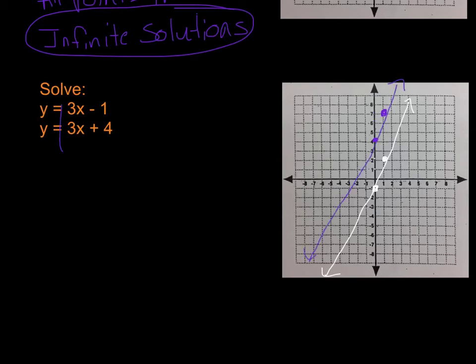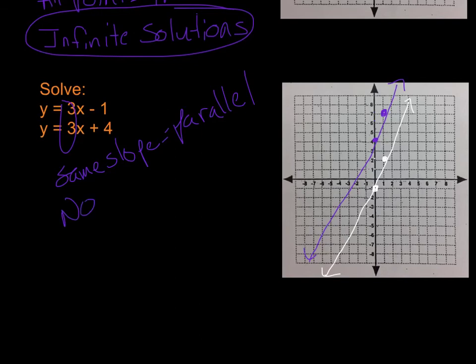Now, notice these lines have the same slope. And same slope means that they are parallel. And if they're parallel, that means no intersection. All the solutions to one equation are here, the other equation are here, there's no point of intersection.